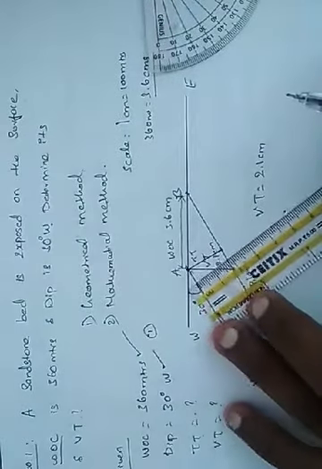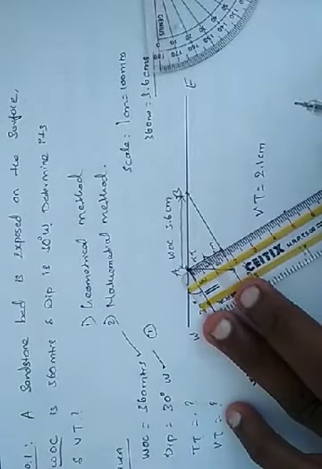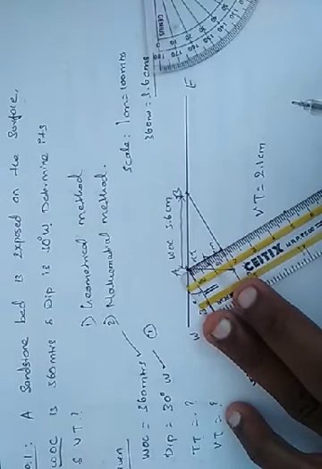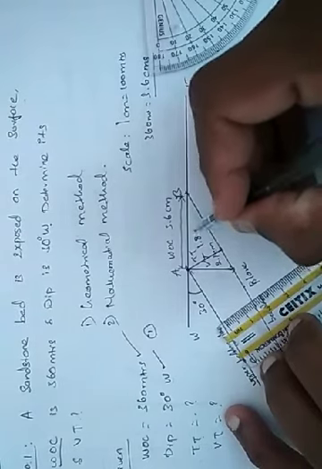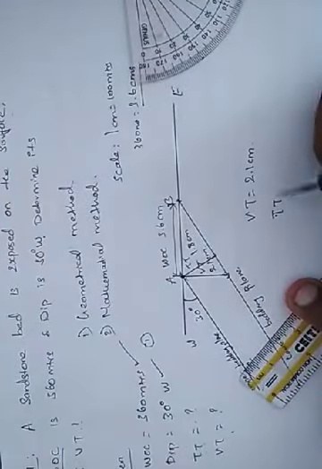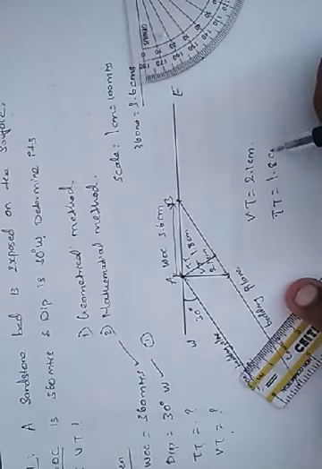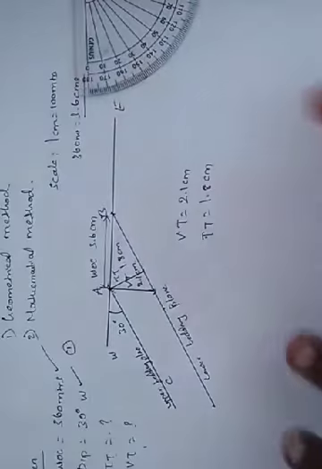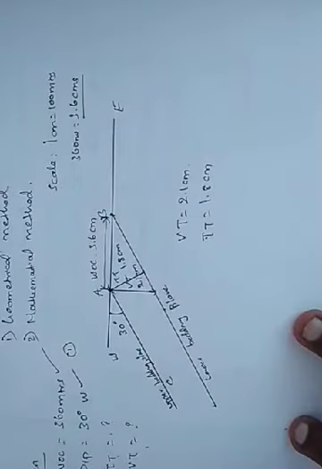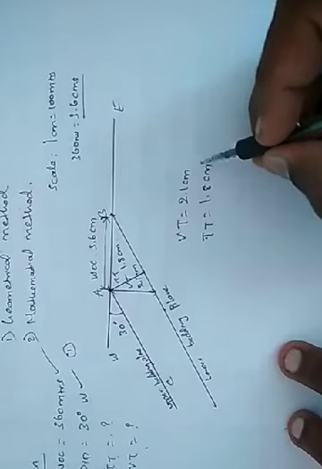So let us measure the length of that. So here we have 1.8 centimeters. So true thickness is measured 1.8 centimeters. Now let us convert this scale into meters.